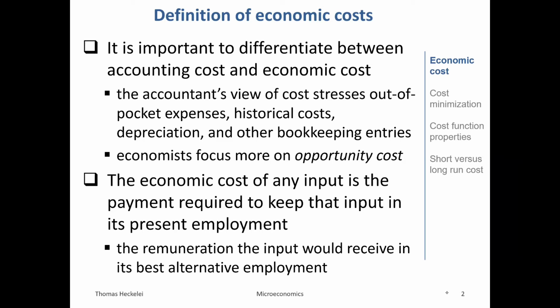So I change the input mix of my production in a way. So that is one way to think about costs in the production context, and why sometimes we need to change the input mix in order to minimize the cost, including the opportunity cost.